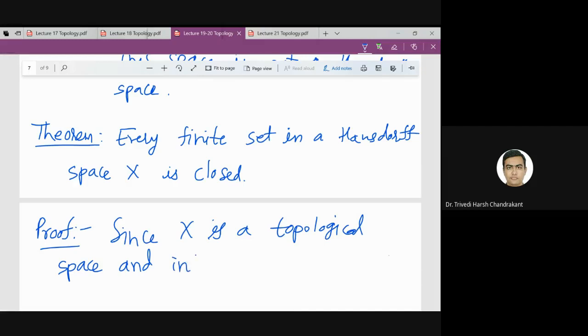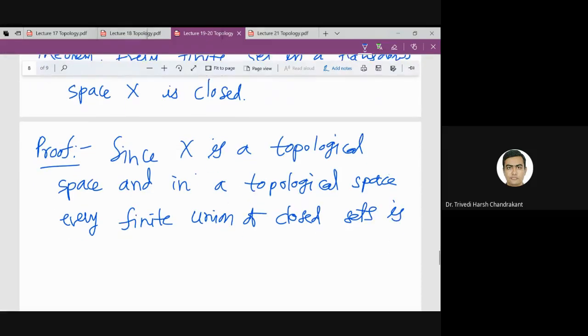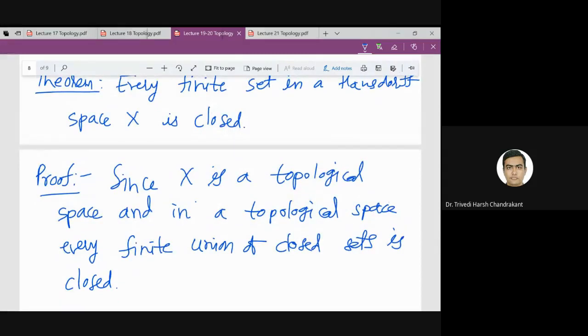and in a topological space, what we remember is that every finite union of closed sets is closed. So if I can prove that a singleton is closed, then using this result I can prove that every finite set is closed, because a finite union of closed sets is closed.